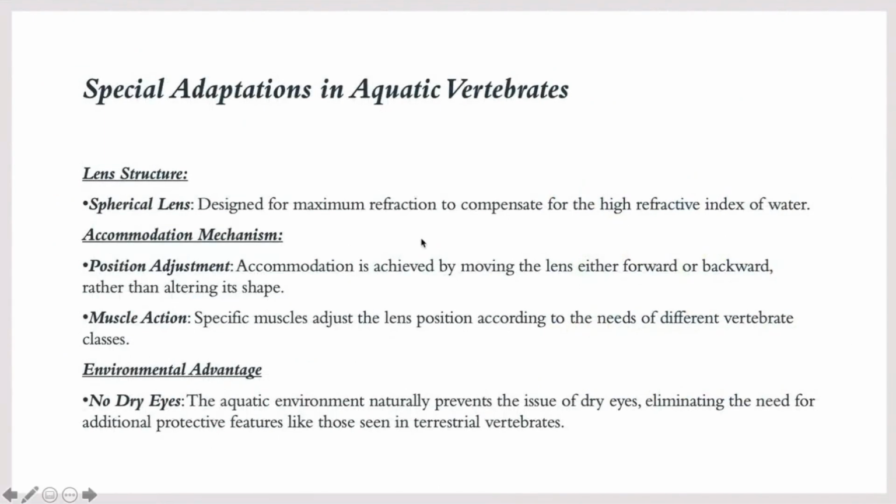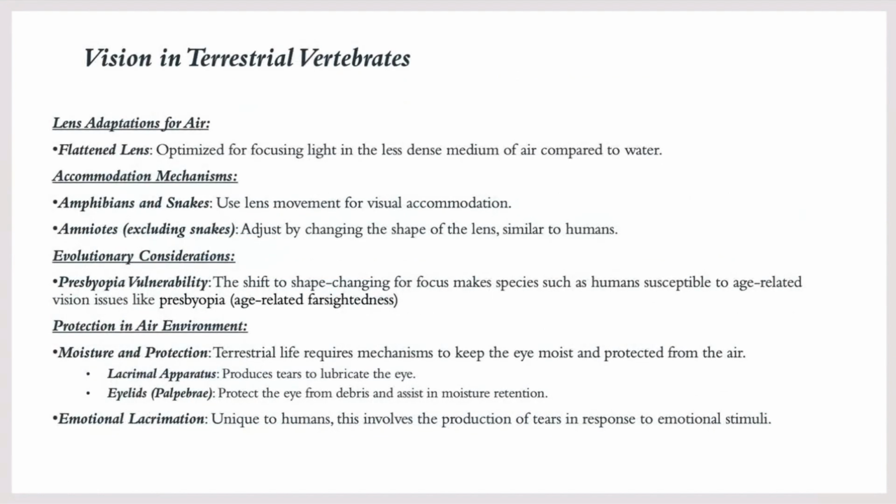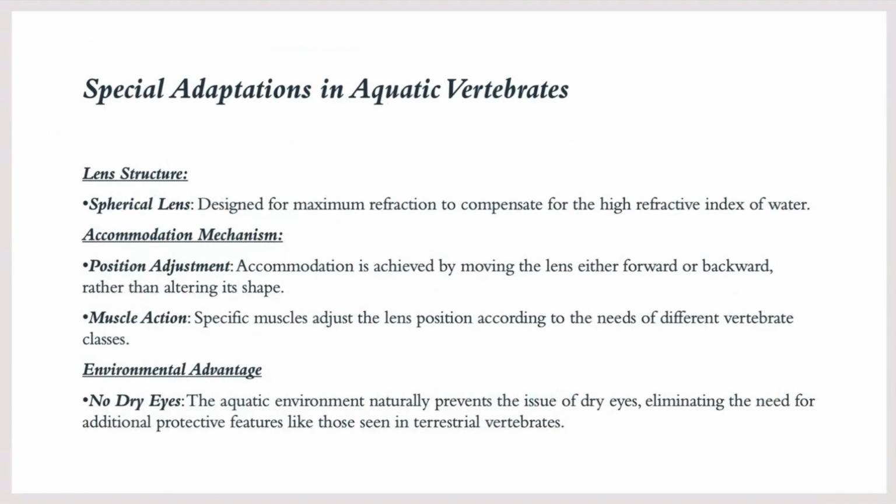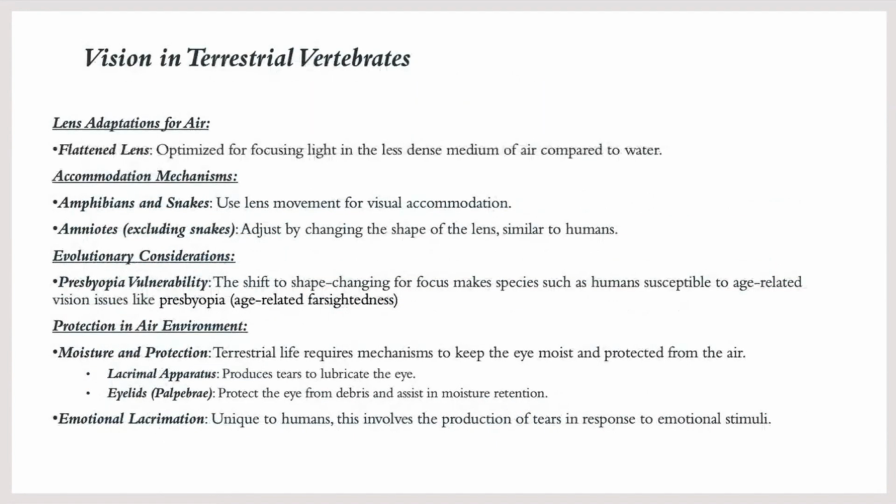So now the special adaptations in aquatic vertebrates. We have to discuss the differences between the aquatic vertebrates and the terrestrial vertebrates, because evolution is all about what changed, how the animals had to adapt to moving from an aquatic environment to a land or terrestrial environment.